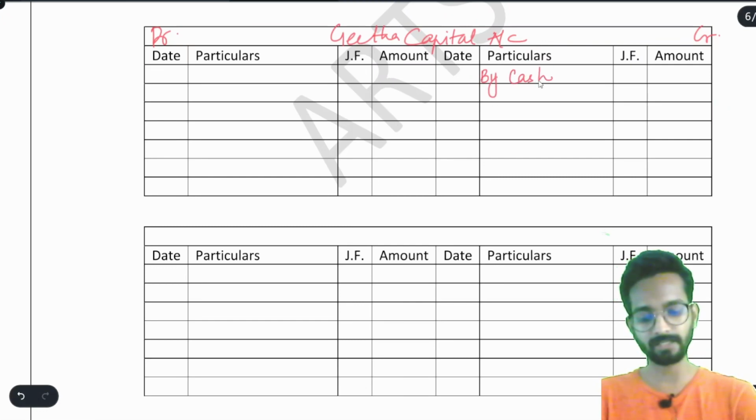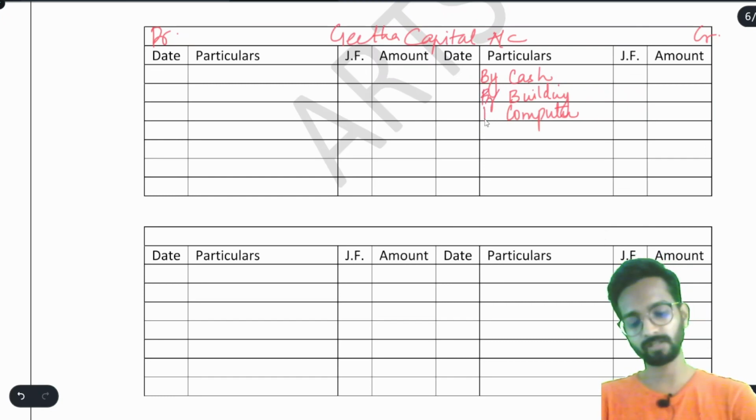See, what all did we bring? We brought cash, we brought building, we brought computer, and we brought one more thing, that is cheque in hand. What are the amounts?